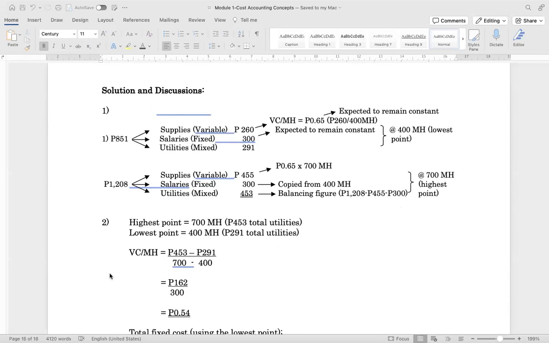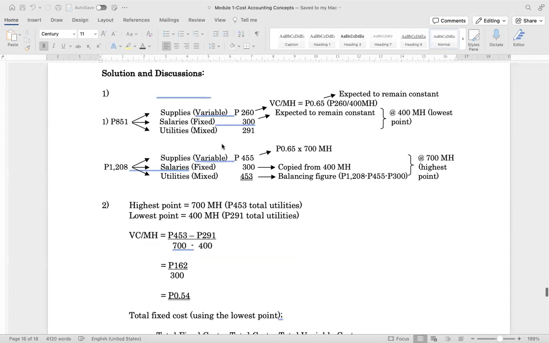Now, using the high-low method, again, supplies, salaries, and utilities: 851 is allocated to 260 for supplies, 300 for salaries, and 291 for utilities. So we have here 260 divided by 400 machine hours, so 0.65 per machine hour.